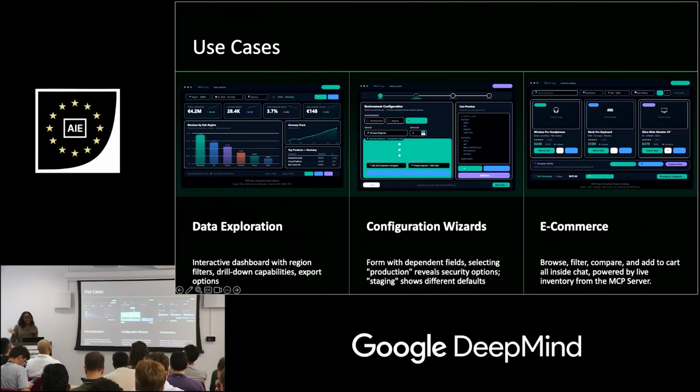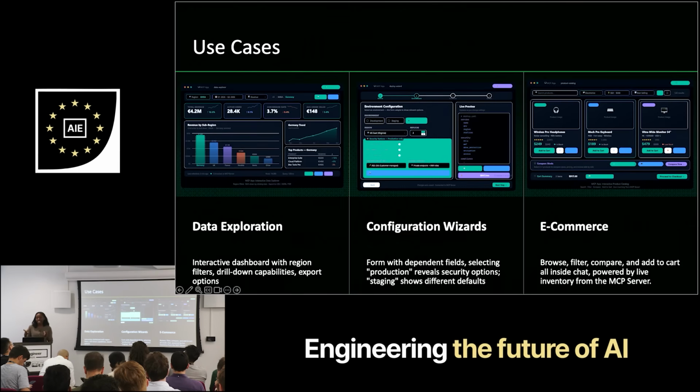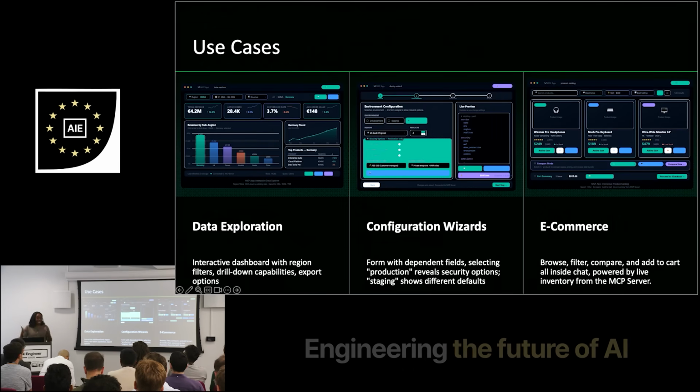Another thing is e-commerce. I think this is a really great example where a user would want to be able to actually buy something in the chat UI. So maybe not as much in VS Code, but in other chat UIs like in OpenAI or something like that. The user should be able to go ahead and go through the entire checkout experience in the chat.